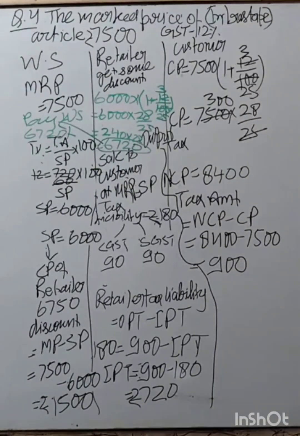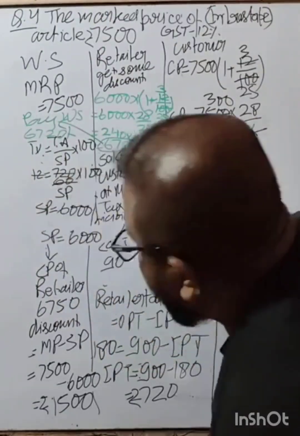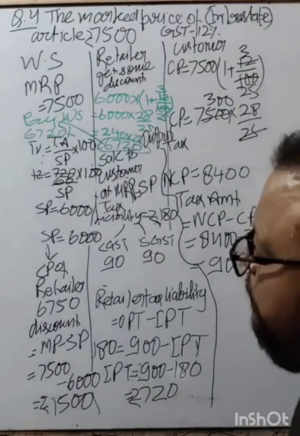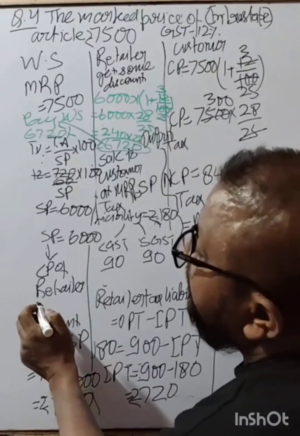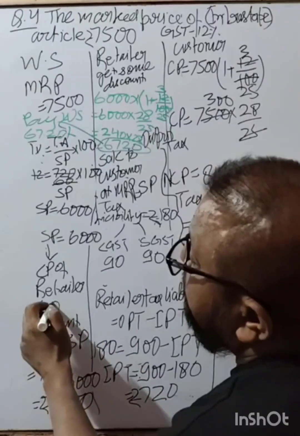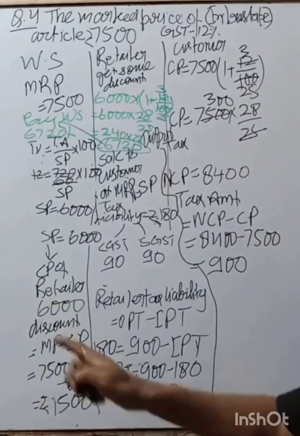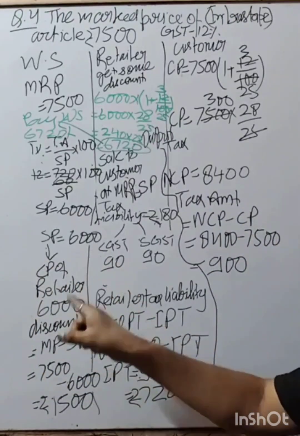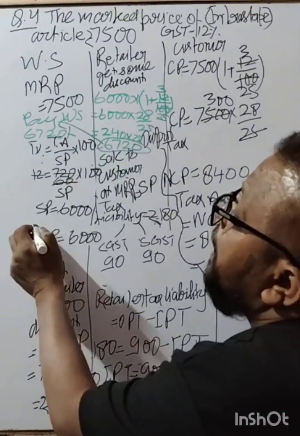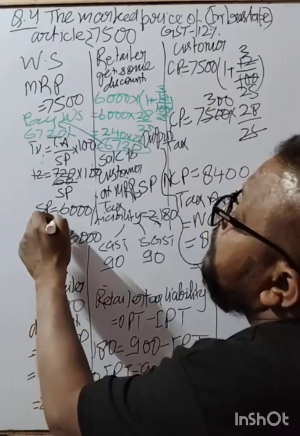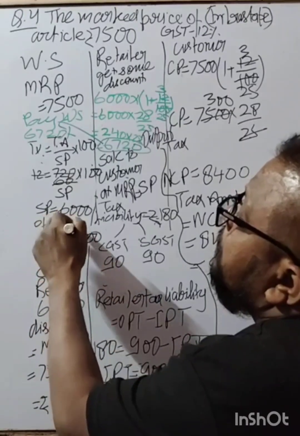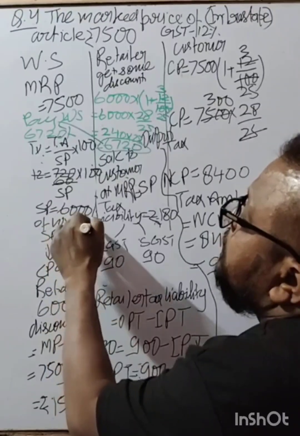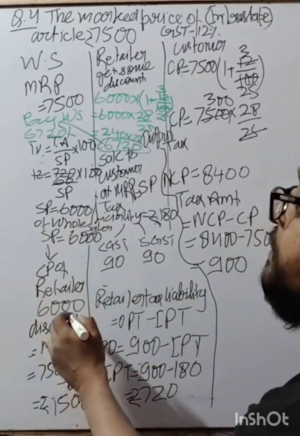So by mistake I changed the SP of the wholesaler here, so here it will also be 6000. The cost price of the retailer is 6000 and the SP of the wholesaler is equal to 6000.